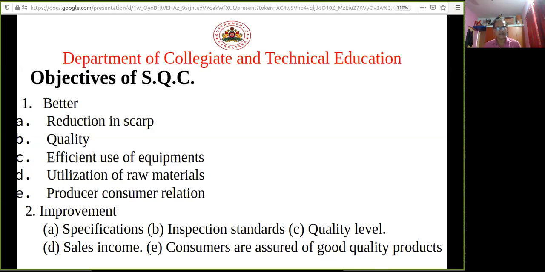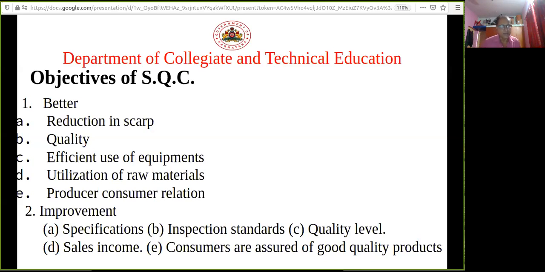B says better quality. C says efficient use of the equipment. And then D, better utilization of the raw material. And then E, producer-customer relationship.